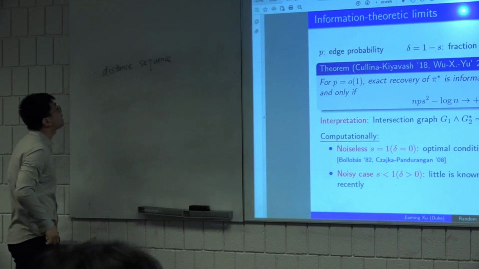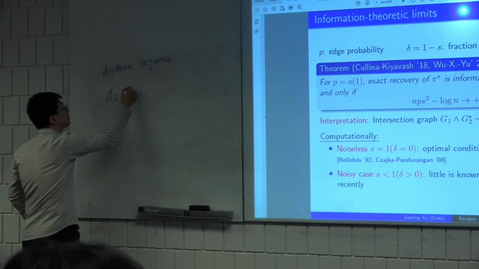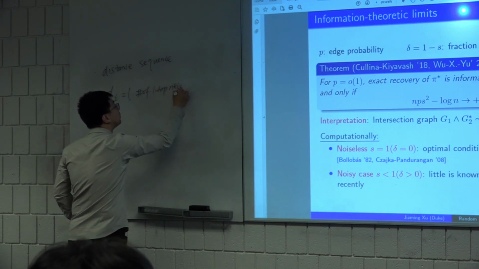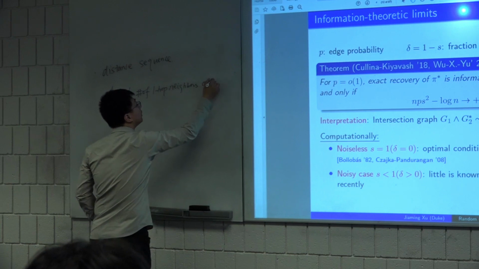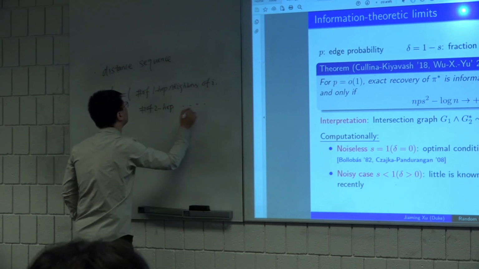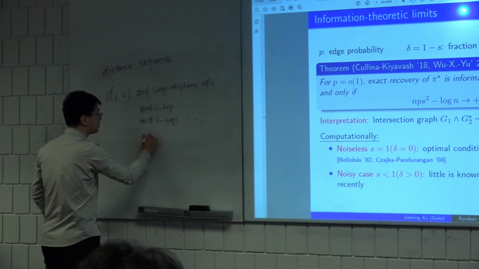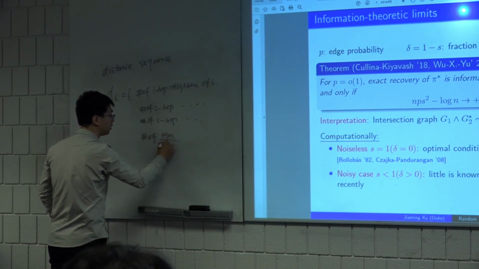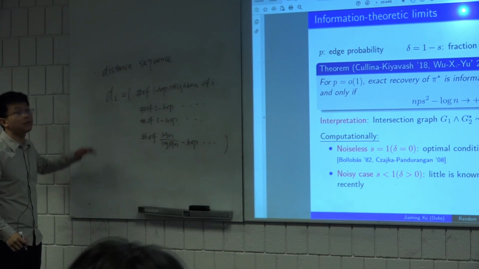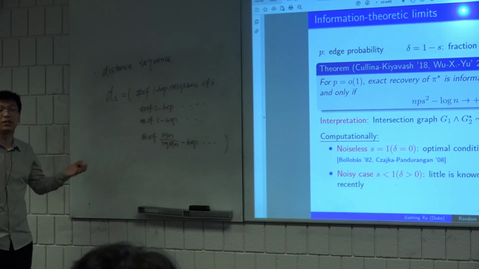One signature vector is called the distance sequence. Let me call it D for node i. It's the number of one-hop neighbors of i, then the number of second-hop neighbors, then the number of third-hop neighbors, and so on, up to roughly log n over log log n hops. This gives you a vector, and each coordinate is the number of neighbors of node i at a given hop.